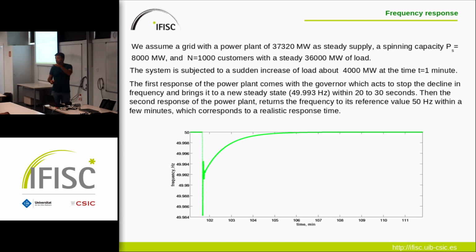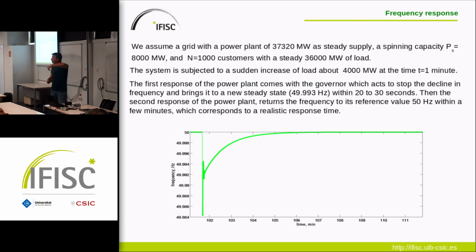This is 50 Hertz. The machine is working at constant speed, constant load, at a stationary point, so you have a frequency of 50 Hertz. At a certain point here, you increase the demand a lot, about 10%. What happens then? This brakes the machine, the frequency goes down.